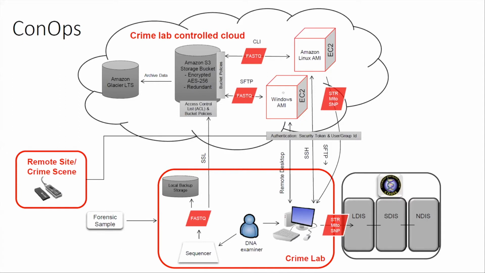And on the right of the cloud there, spooling up the types of instances you need. So if we're working in Windows, because of some Windows-based software, we could set up instances like that. We could also, which is what I'll show next, use the command line interface and set up Linux AMIs on EC2 to run some of our bioinformatic scripts that are in Perl and Python and some other languages.